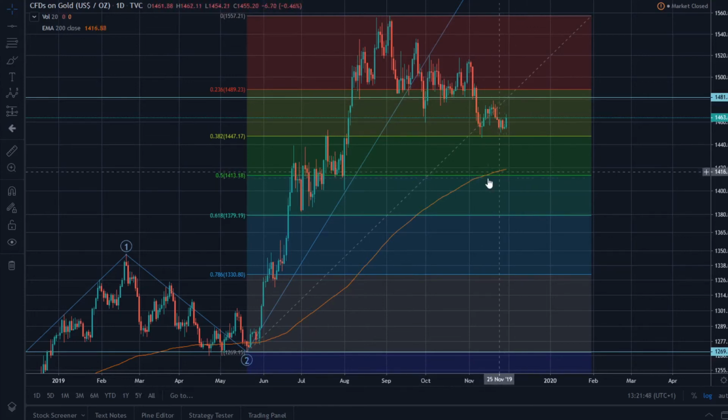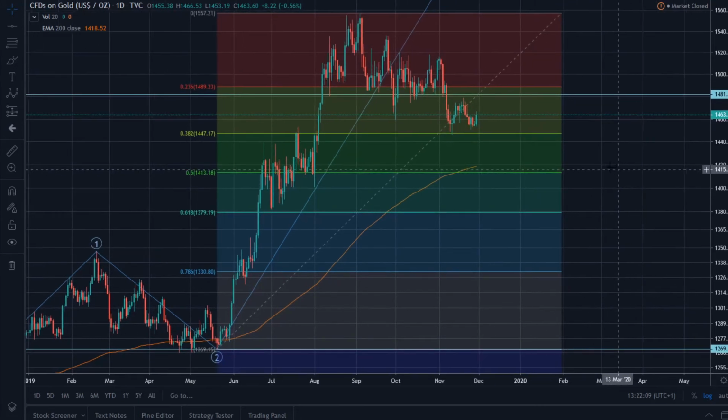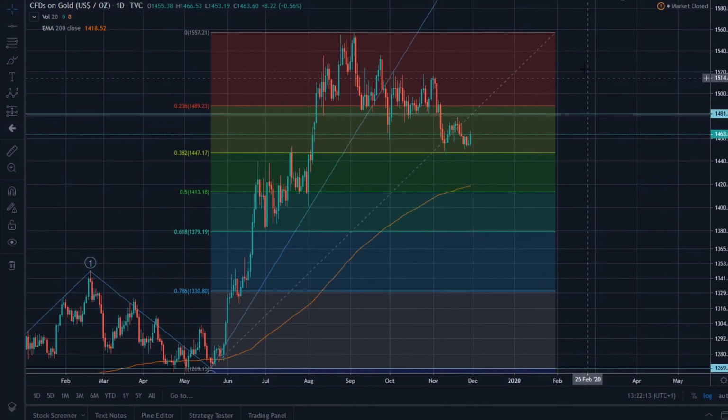The EMA already crossed this, so yeah, this obviously also could give some support, but in my opinion, this 1,420-ish, 22, 23, 24, somewhere in this range, in my opinion, we might see a turning point in gold. And this could just be the end of this correctional move down, yeah?